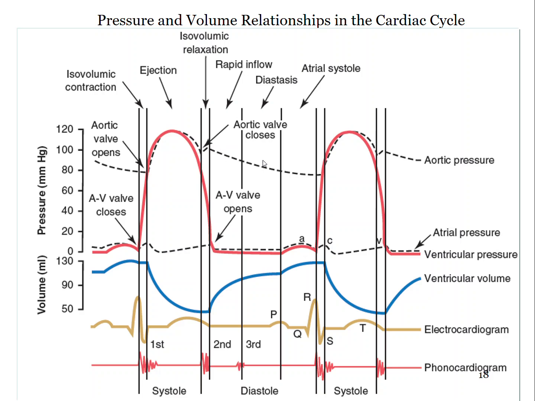Again, look at the change in the pressure in the aorta. During the diastole, we have a decrease in the pressure, and we have the lowest pressure in the aorta during the isovolumic contraction. And then after opening of the valve, which is the rapid ejection, the pressure in the aorta will go up to a high amount.